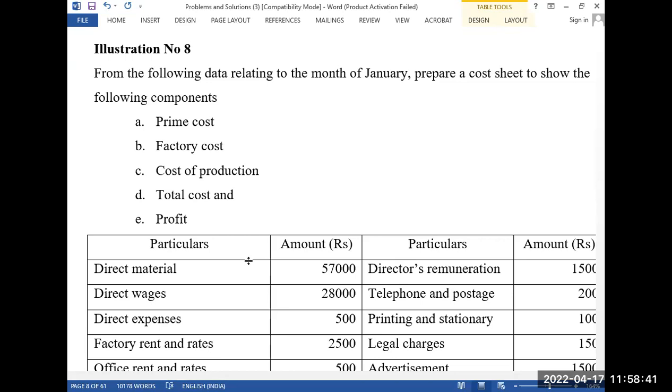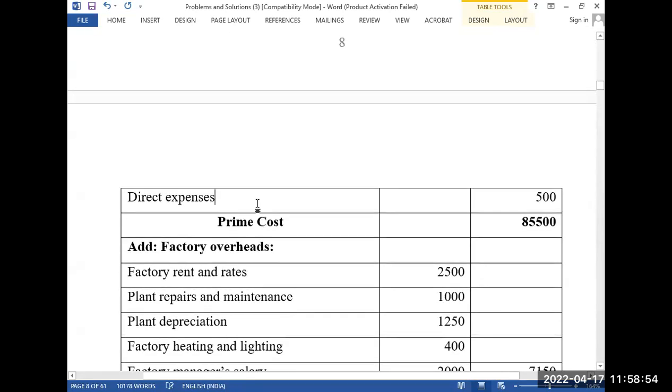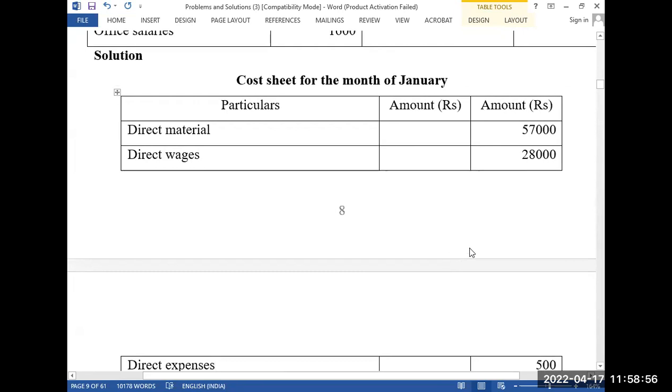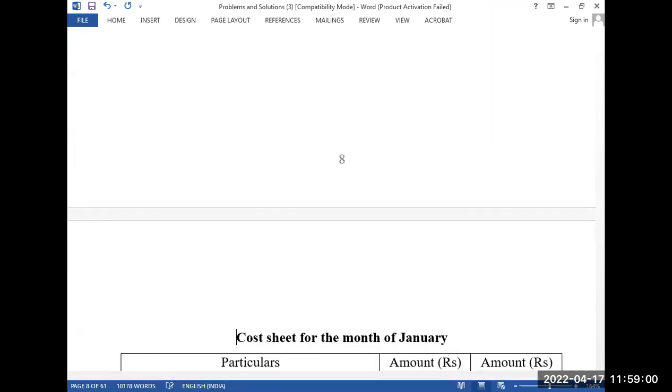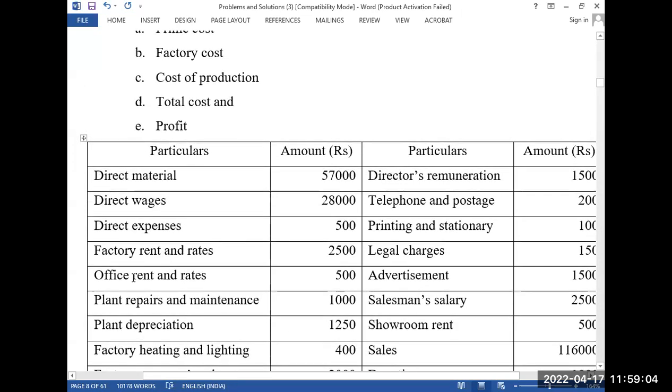Direct material, direct wages, direct expenses: these three things you can add together and you'll get the prime cost. Next, factory rent, office rent. All these things relate to office and factory overheads.